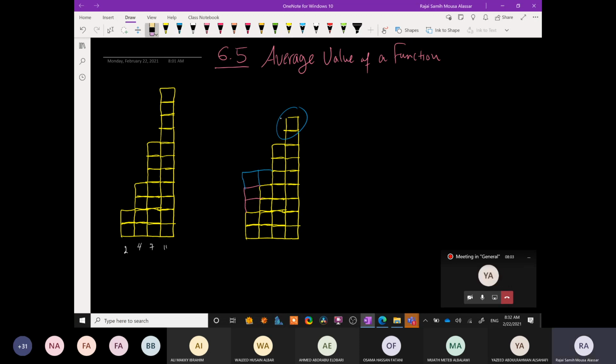So actually, I'm removing these here. And finally, I'm going to take these 2 blocks here and put them here. So I've just deleted those 2.